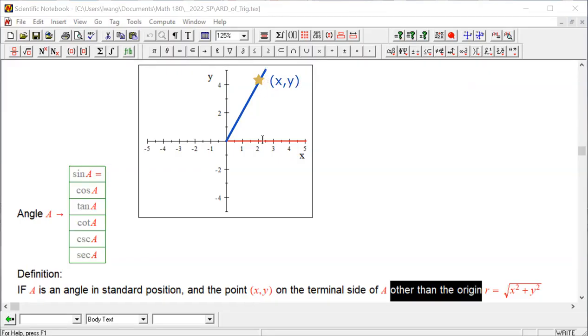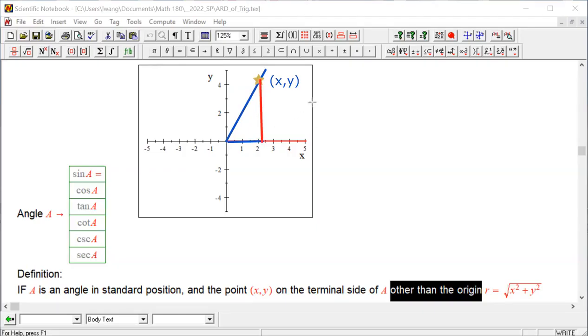Now, since we have an x, we have a y. Suppose this is x, I'm going to use this as the x, and that is the y.